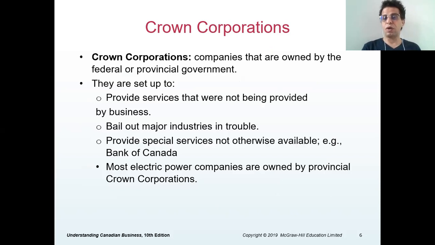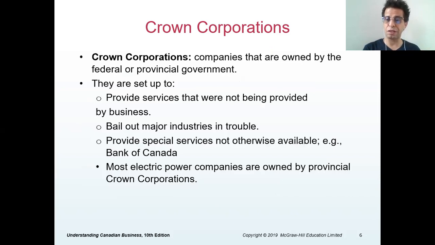So here is what you call a crown corporation. A crown corporation is a company owned by the federal or provincial government. Keep in mind, crown corporations in Canada have a certain philosophy: things that are not very profitable are made into crown corporations because they want to provide the best service possible.